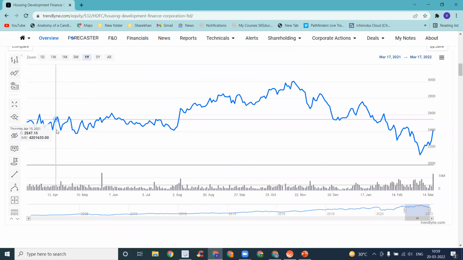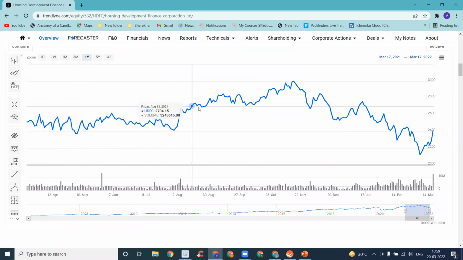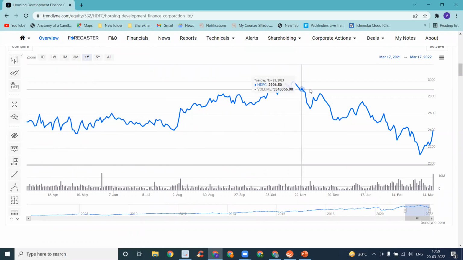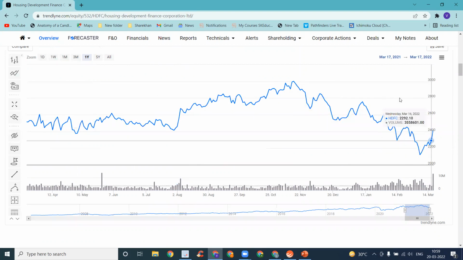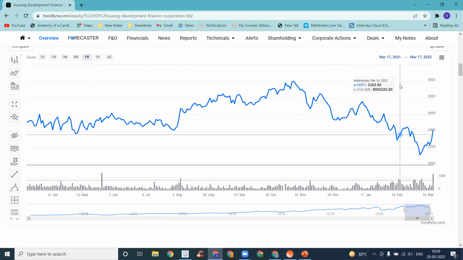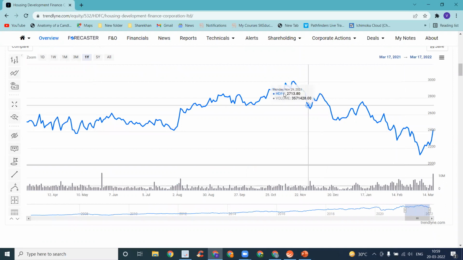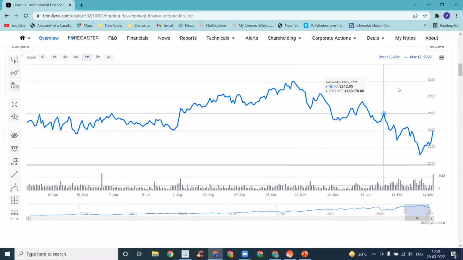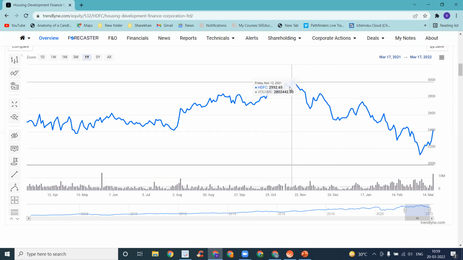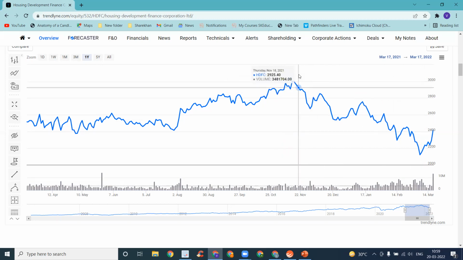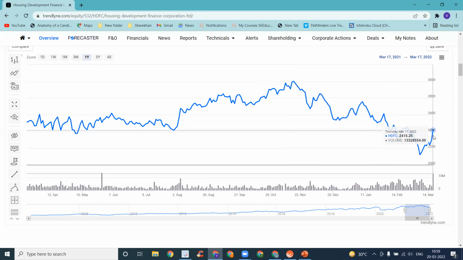See the price of the stock coming down. Even if it comes to this 3000 level, if you see the return from before last November and now, it is hardly anything. It has actually fallen by 600 points.